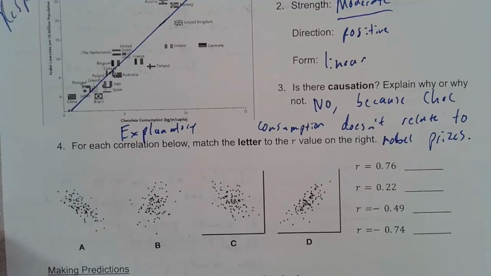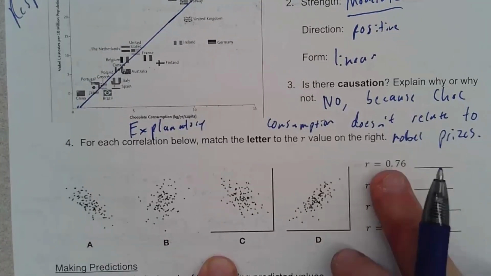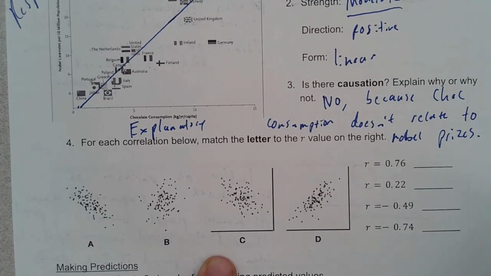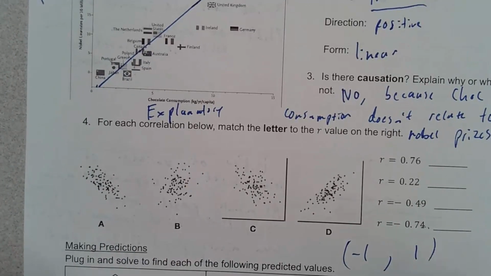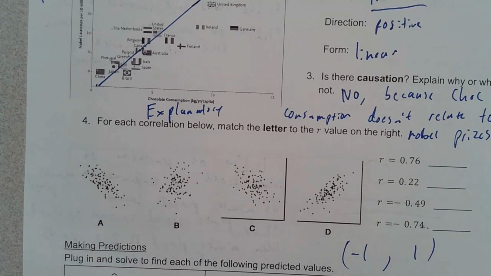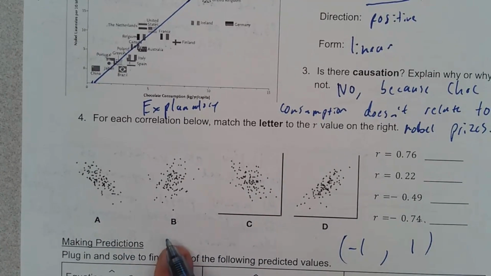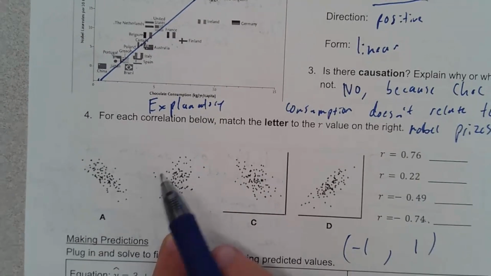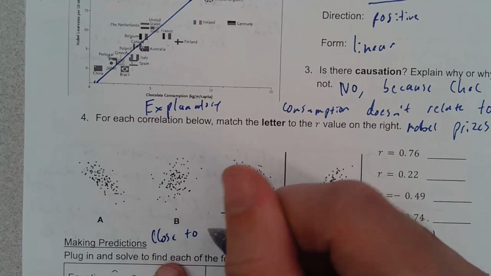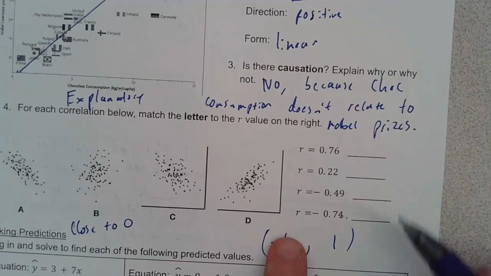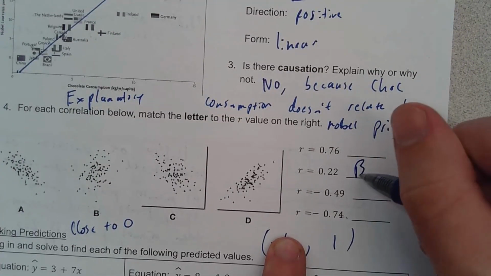All right, for each, we're matching the plot to the R value. Remember that the R value goes from -1 to 1, and the closer it is to 1 or -1, the stronger the linear correlation. I think B is easy to do first because there's clearly no correlation here, so I want something close to 0. When I look at my options, the one close to 0 is 0.22.